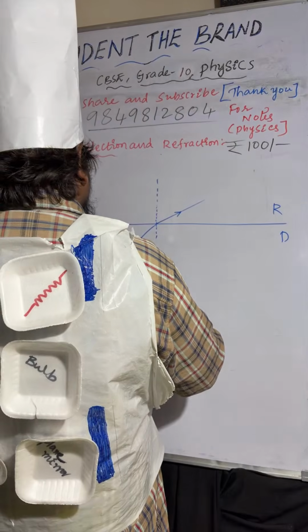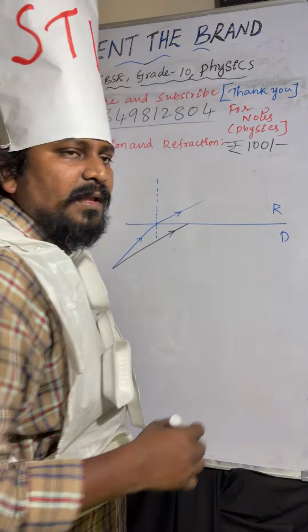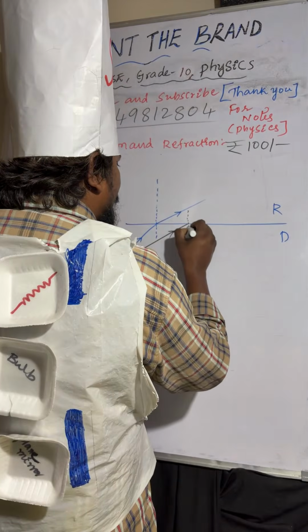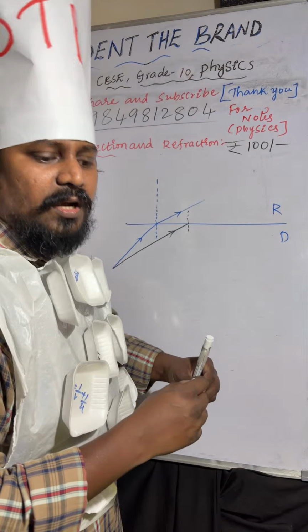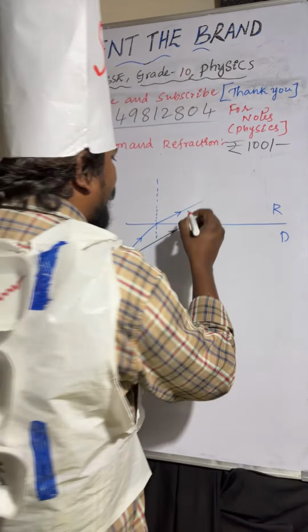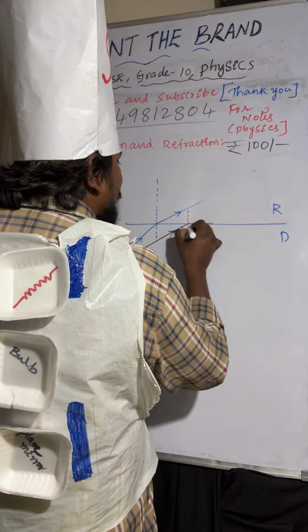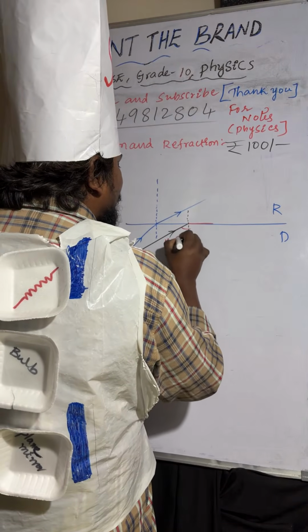So here I am considering like this. This is the incident ray, and here this is the normal line. The refracted ray moves along the surface at a certain angle of incidence.